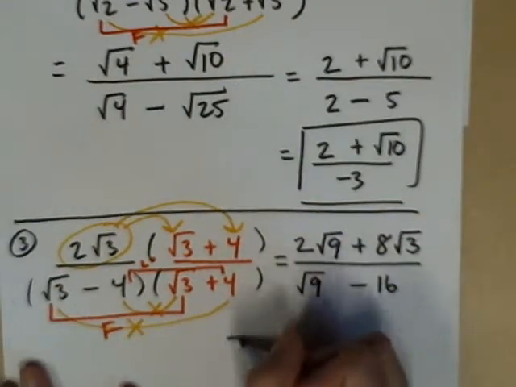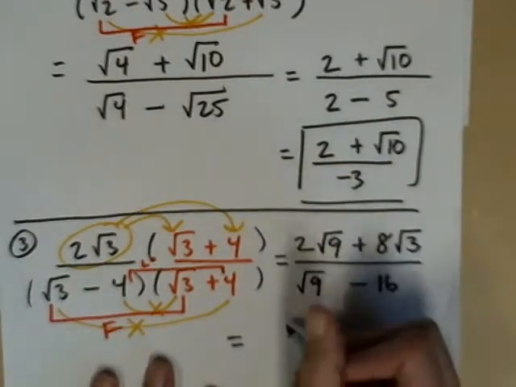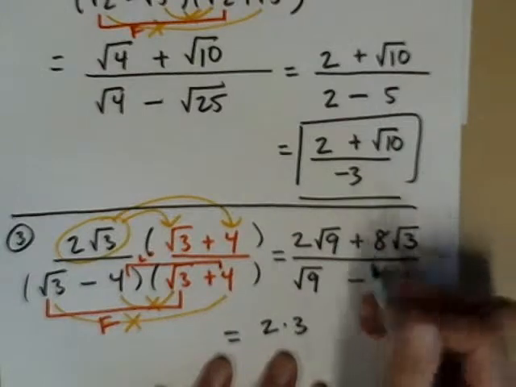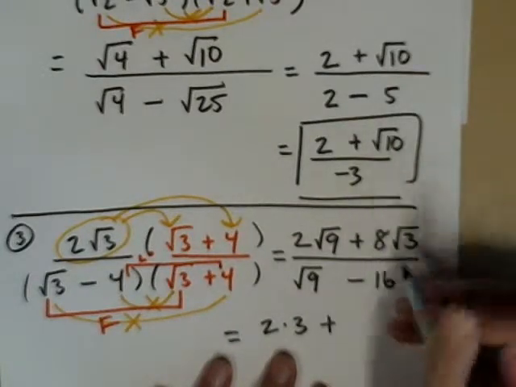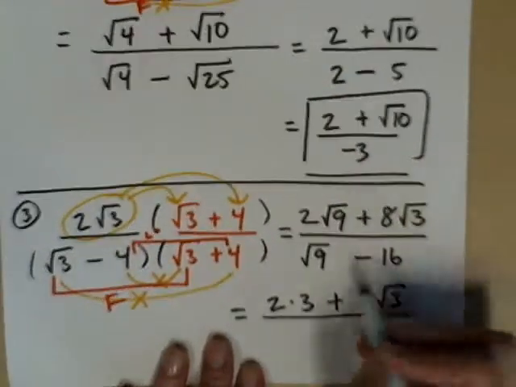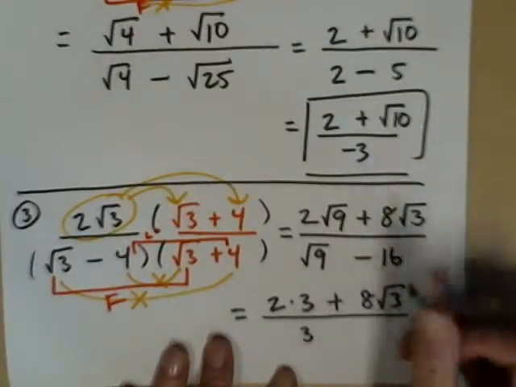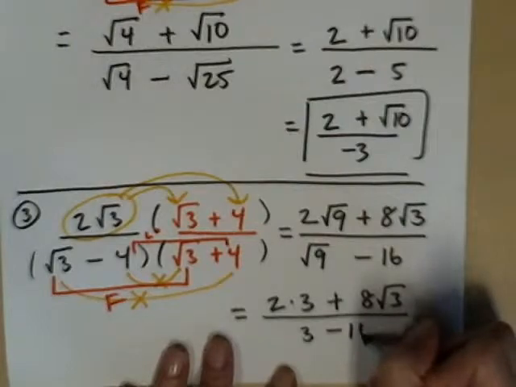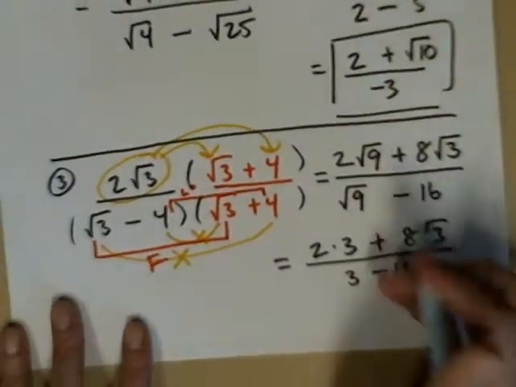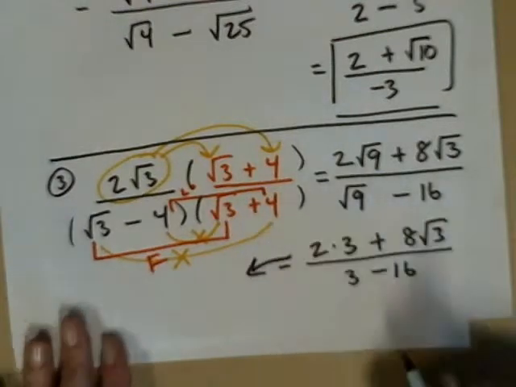A little bit to clean up here. 2, the square root of 9 is 3, so everything's multiplied. 2 times 3. And then on the other side of the plus sign, there's nothing to simplify. 8 radical 3. In my denominator, the square root of 9 is 3 minus 16. So my answer, you know what, I'm going to write it over here, right there.